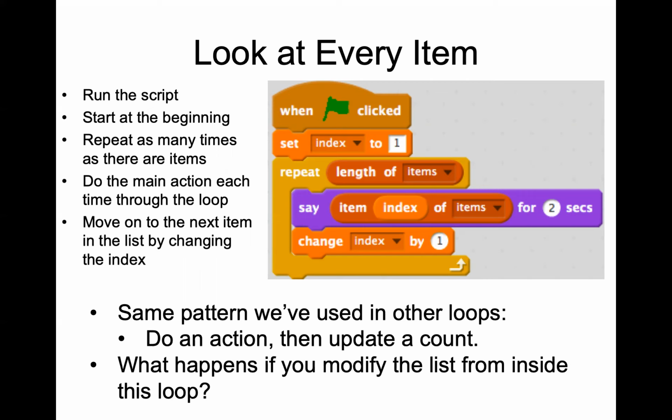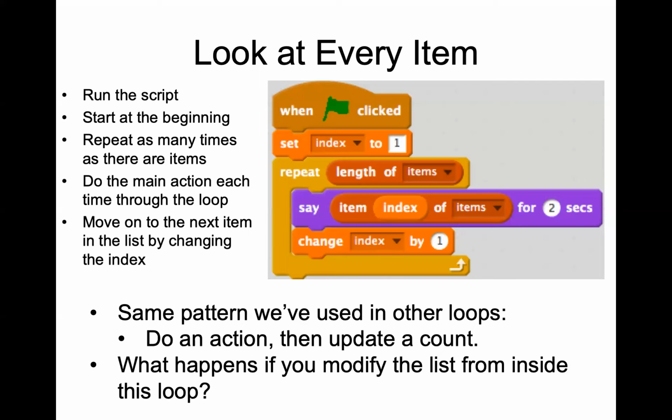And this is a real, typical example of a repetition construct where we have a setup, and then we have the loop itself. Inside the loop, we're going to do something and then change a state variable in order to update the state of the loop so we can do the next thing the next time through the loop.